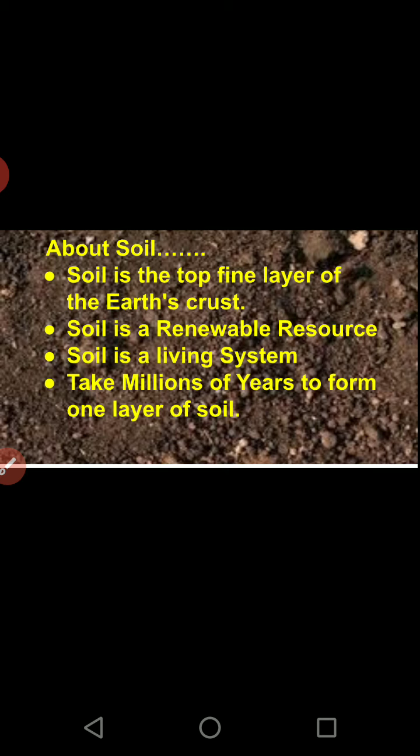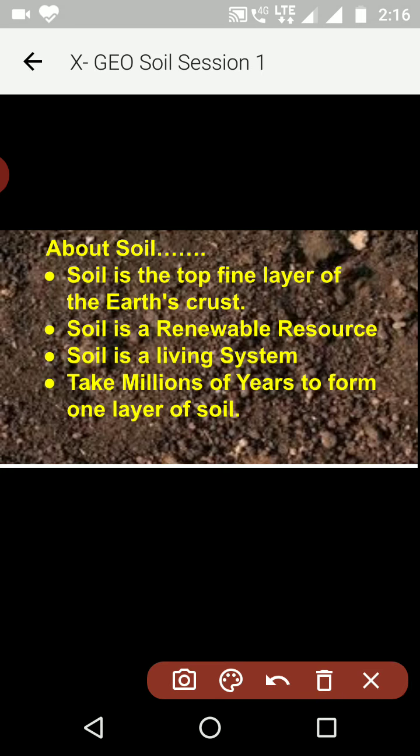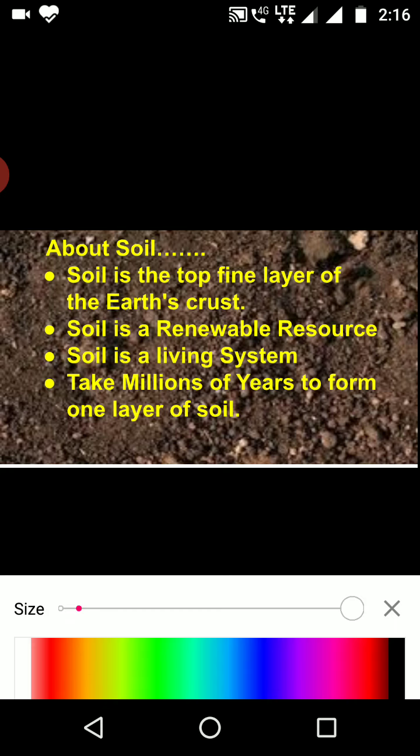There is one more line given over here that says it is a living system. Now, what is the characteristic of anything which is living? Whichever thing is living, we find that it is growing, it is showing some changes. Here, living does not refer only to the living organisms in the soil.